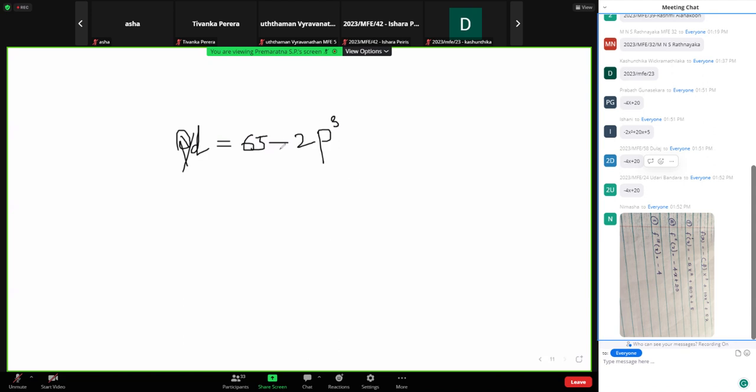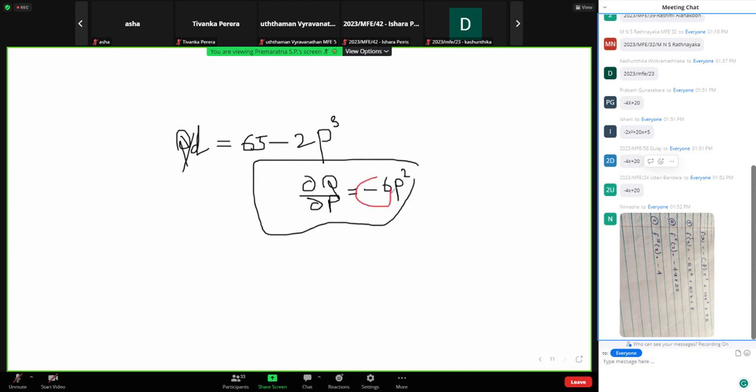If you differentiate this with respect to p, we get the slope, minus 6p². This is the slope of the demand curve. It's negative here, so you can see it predicts the law of demand, and we accept the law of demand hypothesis.